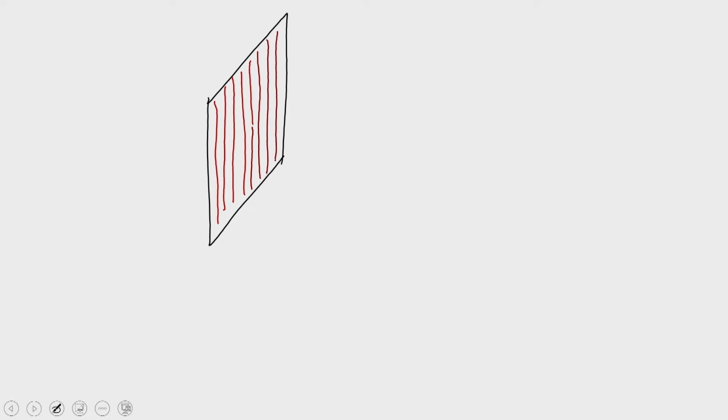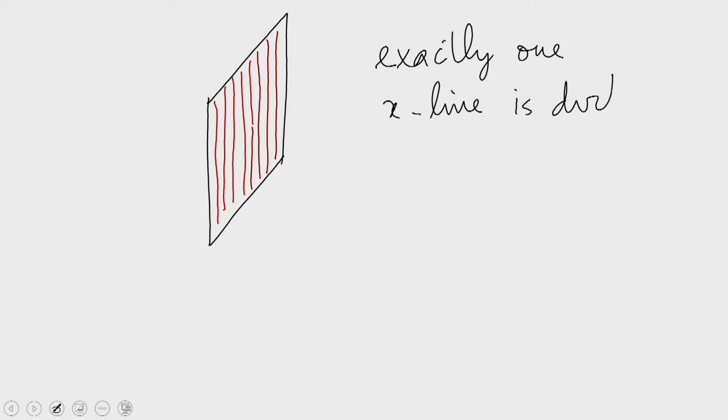So, I have used two colors, the light red and the dark red, to indicate 0 and 1. What we find is that there is exactly one x line which is dirty on each zx plane.